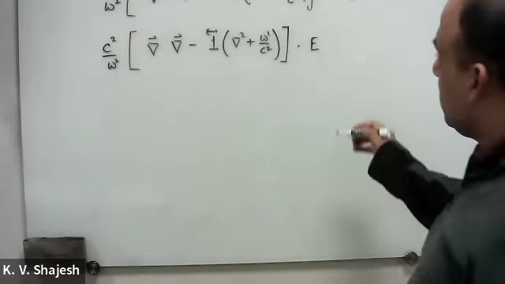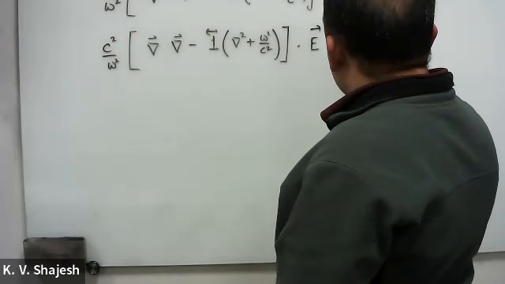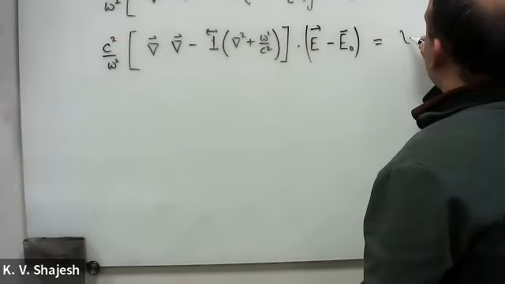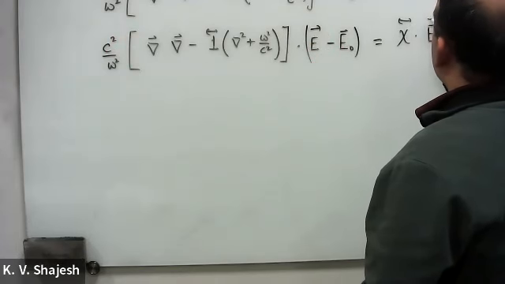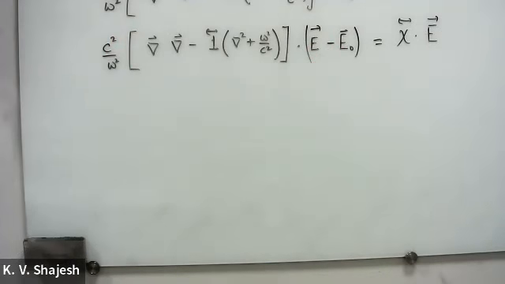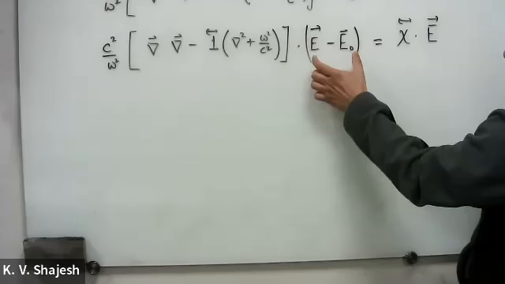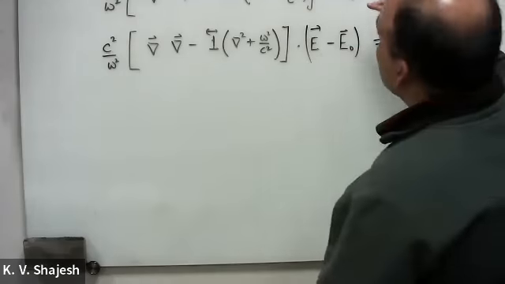Now add these two equations. So I have E minus E naught on the left hand side, and the right hand side is simply the source. And that's my scattered electric field. That's E minus E naught. Maybe I shouldn't call it E naught.